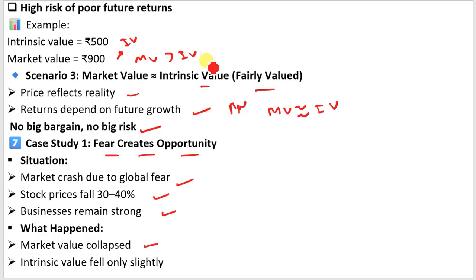Market value collapsed, IV value fell only slightly. Because of what is happening with the customers of the company's product, profit maybe fell, performance may be downward, but there is only a little impact on the IV value. But fear creates opportunity.